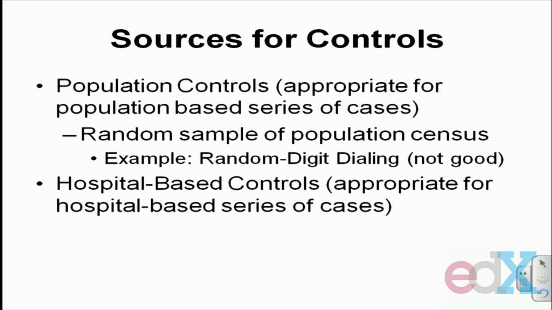Suppose our cases are not selected from one single hospital, but from a large population. So let's suppose our cases that we select for our case control study represent a population. You went to all the hospitals in your region, selected all the women who were diagnosed with breast cancer. You're getting hopefully a representative of all the cases in some geographical region.